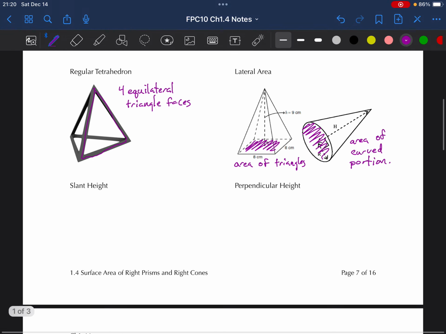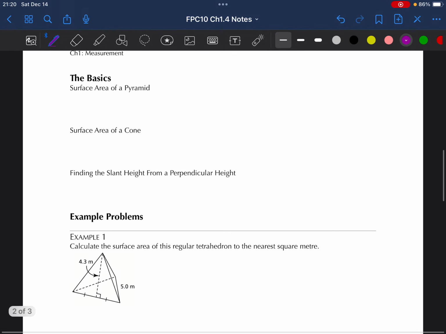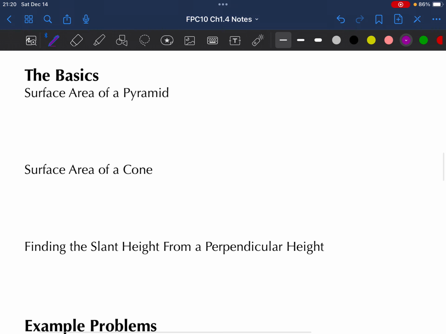All right, so let's talk about formulas. The surface area of a pyramid. There's no real formula for the surface area of a pyramid. We need to determine the area of the triangles using the formula. Area of a triangle is equal to base times height divided by 2.